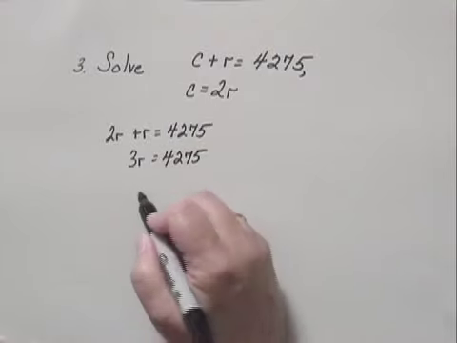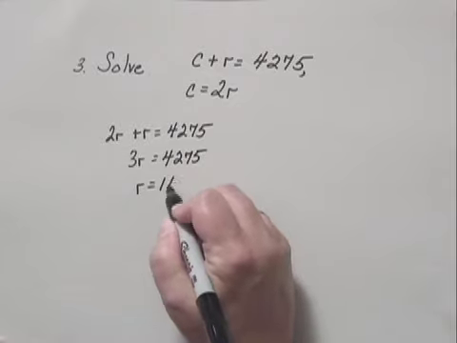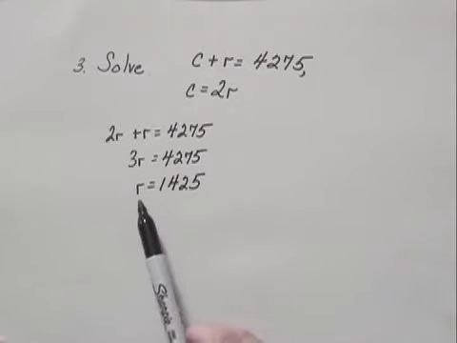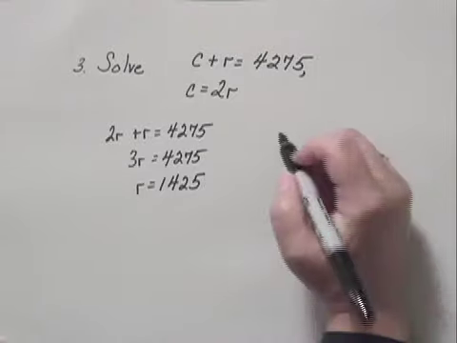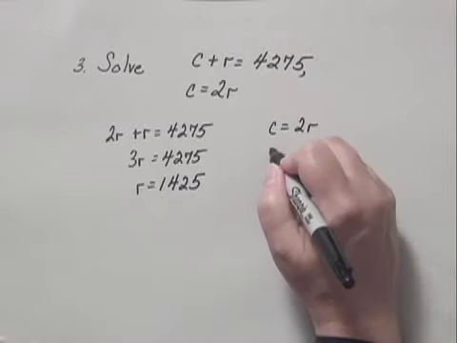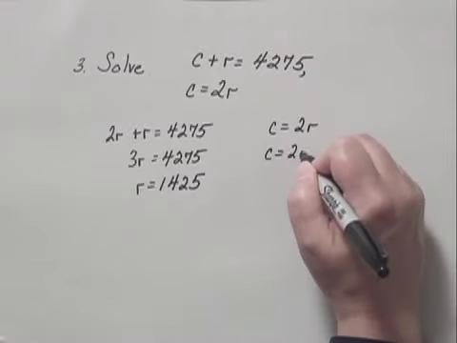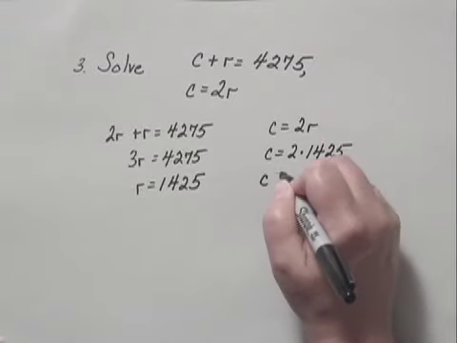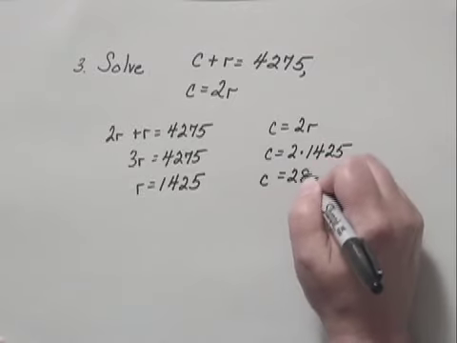Dividing both sides by 3, I get R equals 1,425. Having solved for R, I now need to solve for C, but I know from the second equation that C is 2 times R. So C would be 2 times 1,425, or C would be 2,850.